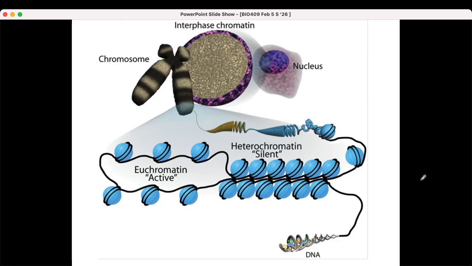So there's a big blizzard of information about chromatin remodeling. We have a nice, clean, and profoundly significant example if we just focus on histone acetylation, the estrogen receptor, and how we open up chromatin in the presence of the estrogen hormone.